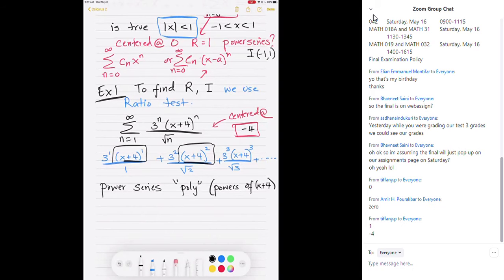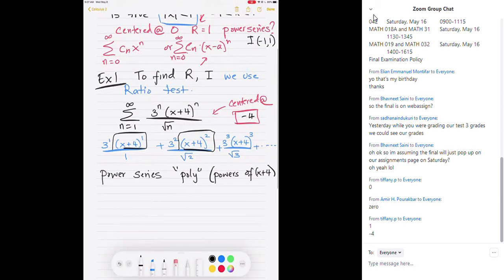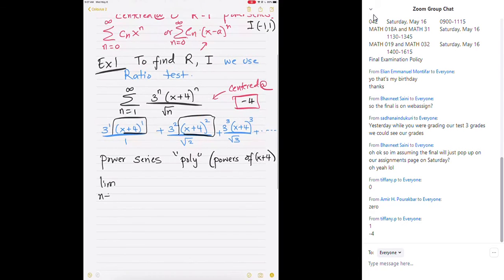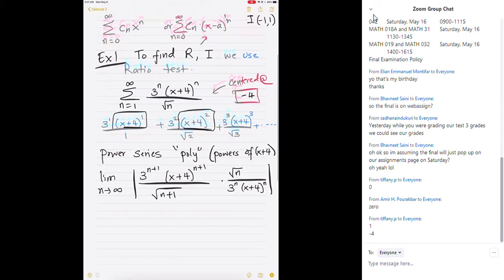So this is going to be the limit as n approaches infinity, x plus 4 to the n plus 1, square root of n plus 1, so as I have been working, I'm going to collect the like terms together.